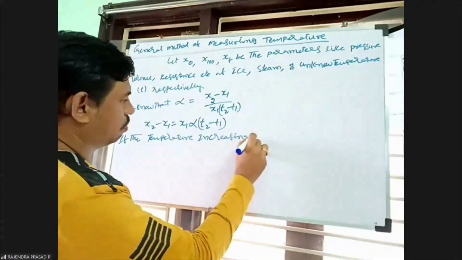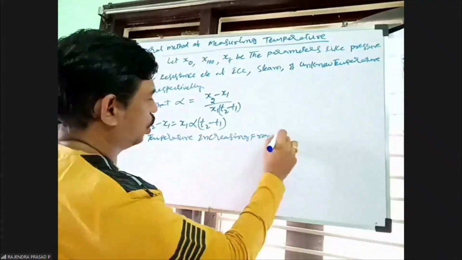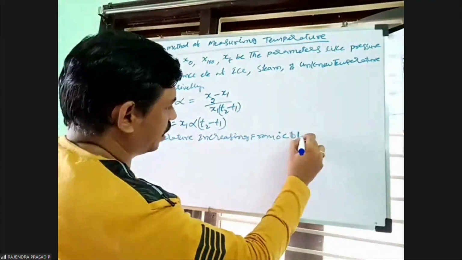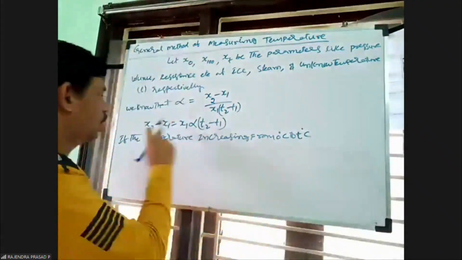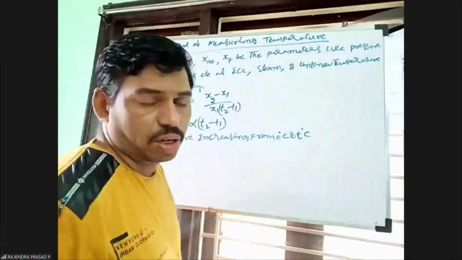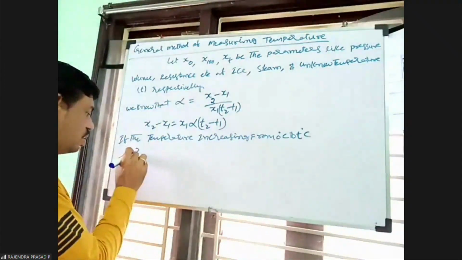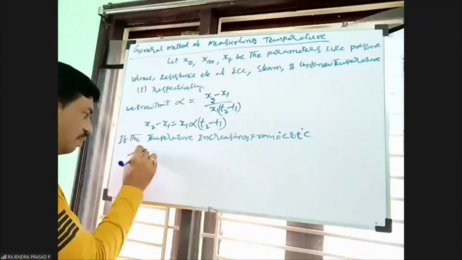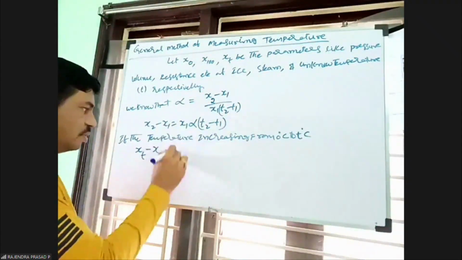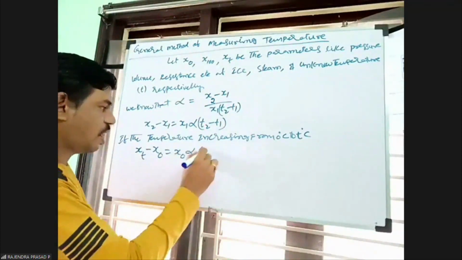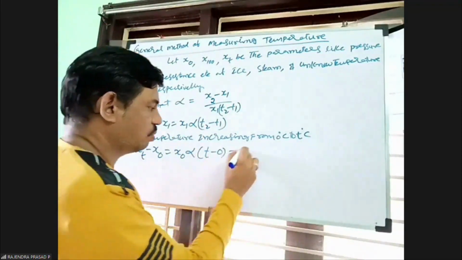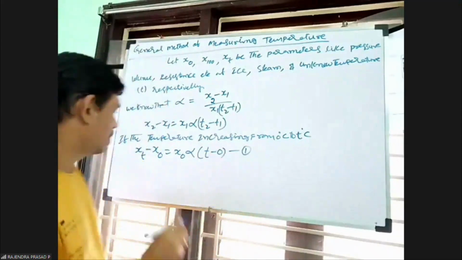For example, if the temperature increases from 0 degrees C to T degrees C, that is one relation. From 0 degrees C to 100 degrees C is another relation. The first one: Xt minus X0 is X0 alpha into T minus 0. This is equation 1.